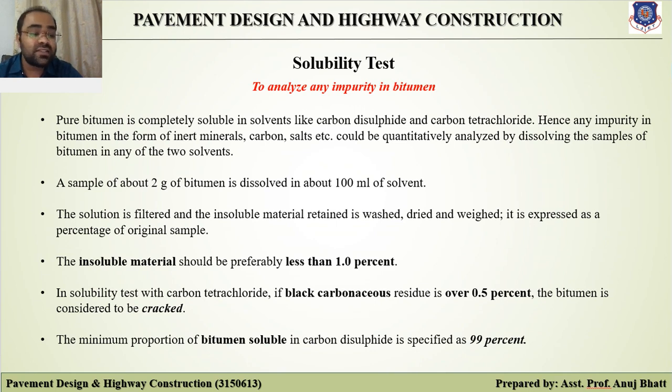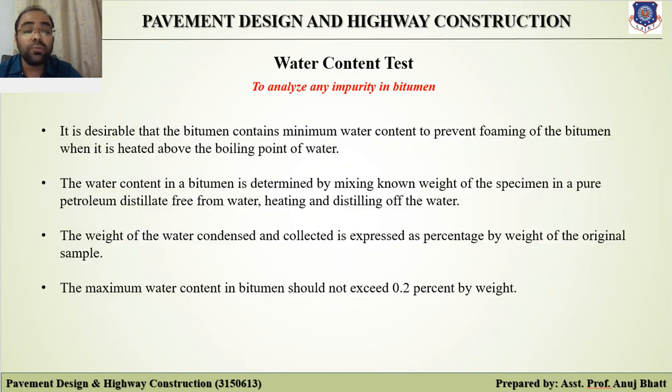The next and last test on the bitumen is the water content test. It is desirable that the bitumen contains minimum water content to prevent foaming of the bitumen when it is heated above the boiling point of water.